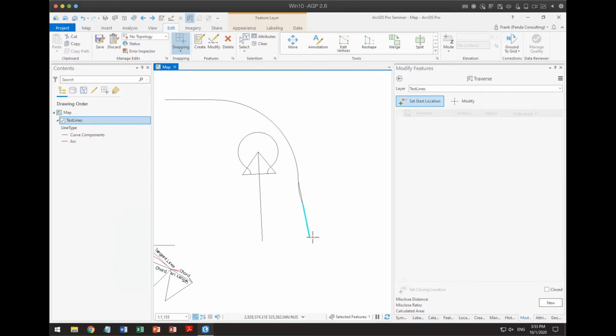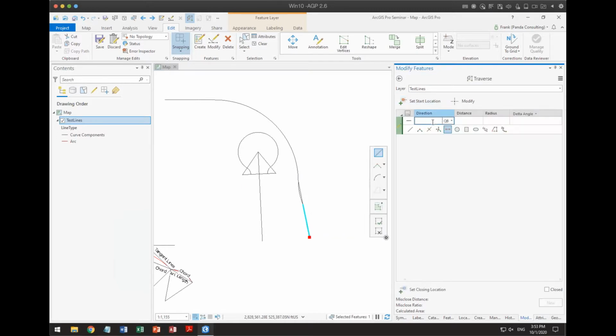New. 15 feet southeast. 0. Radius of 150 feet. In this case, I'm going to give it an arc length, an arc length of 75 feet on here.